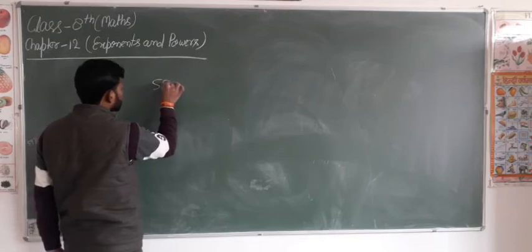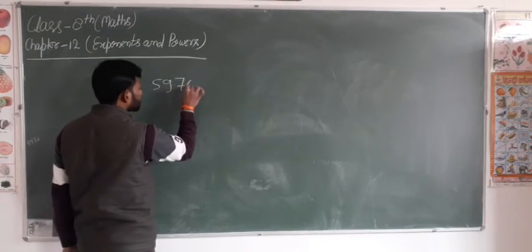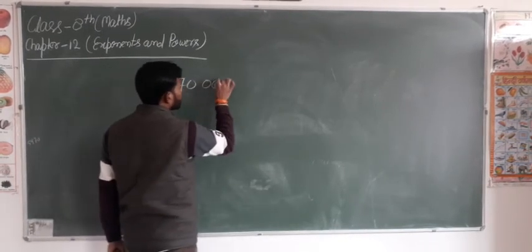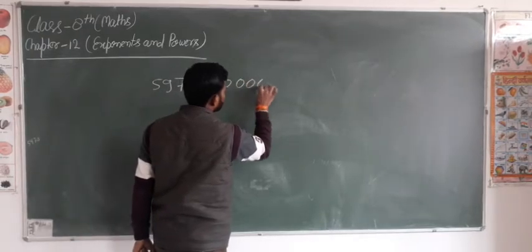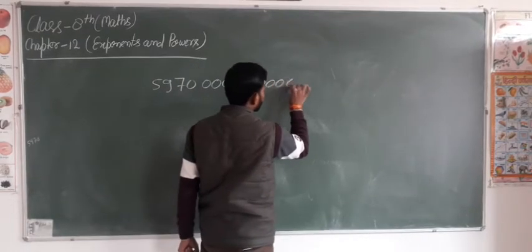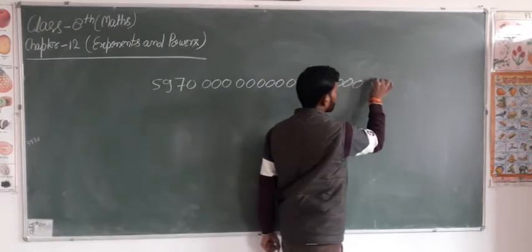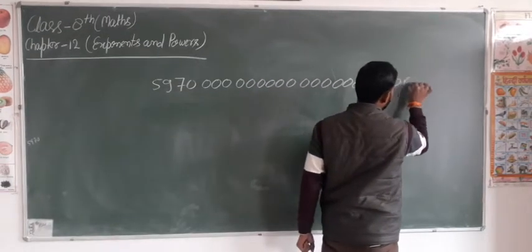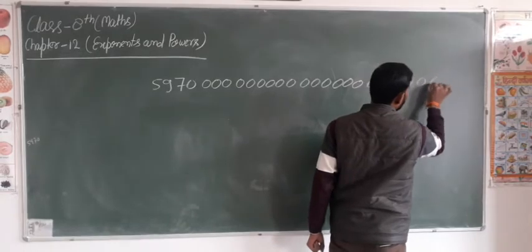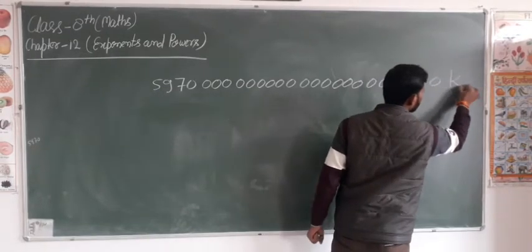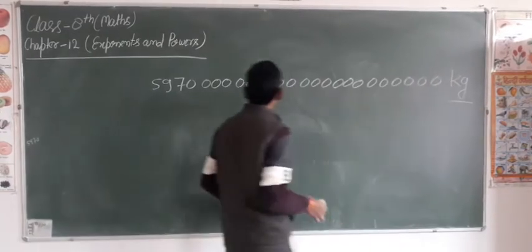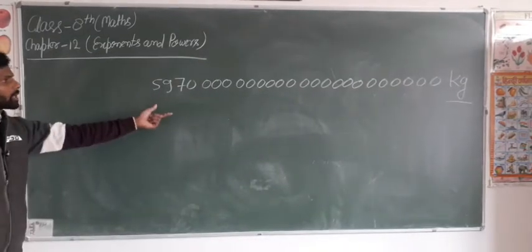earth is 1, 2, 3, 4. This is the mass of the earth.